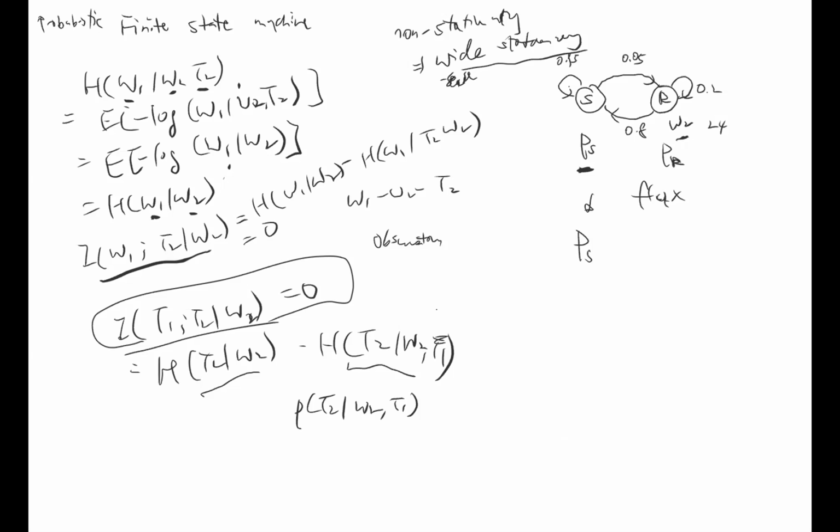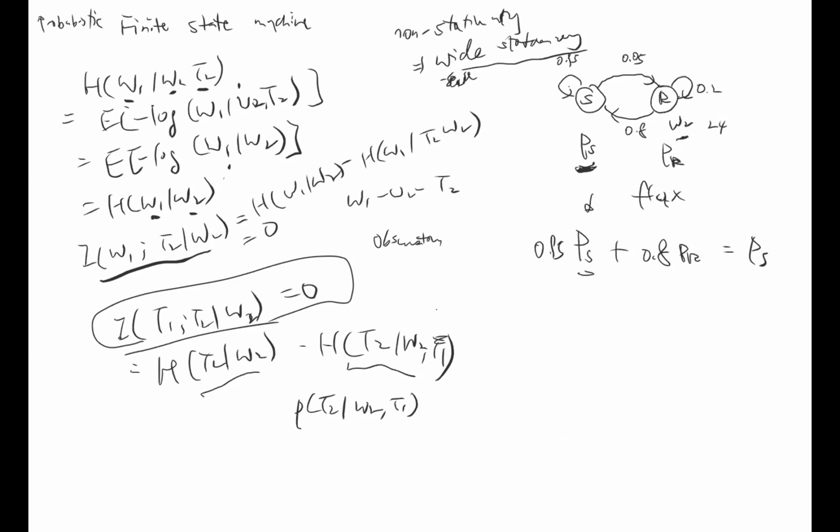If my previous state has probability PS, then in the next day my probability will be equal to PS times 0.95 plus PR times 0.8, something like that. And this will be the same as today if it's not going to change.